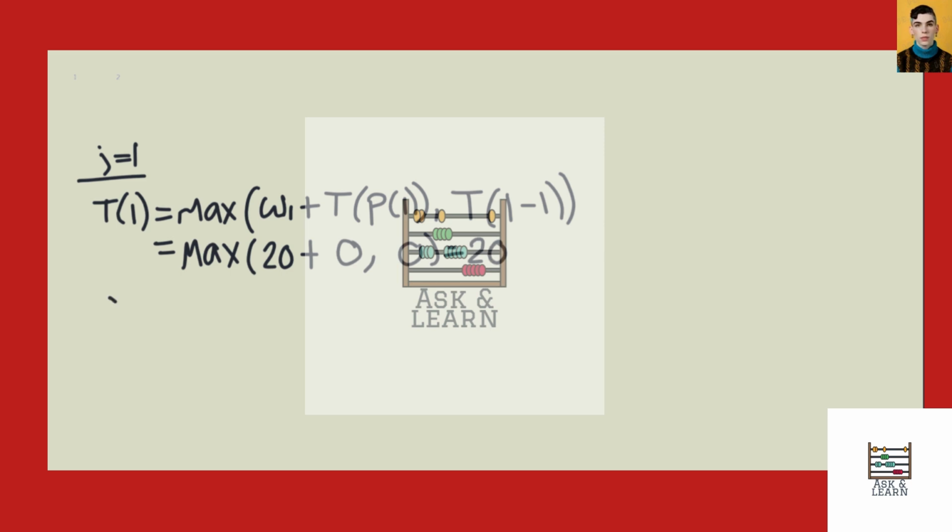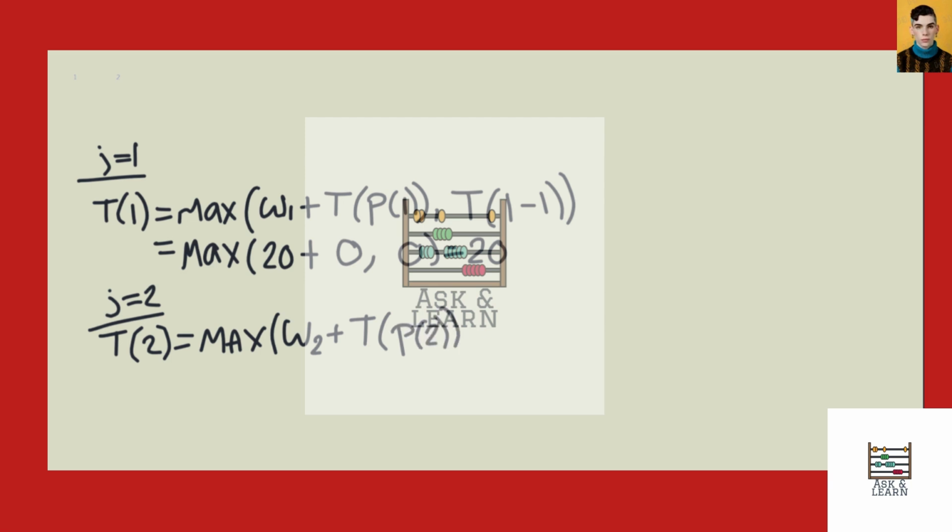So this is equal to 20. Now we can go to the second step where j is equal to 2. In this instance, we'll get the max of the attendees of talk 2 plus the total number of attendees from the talks that are compatible with it, or the previous step's talks, right?